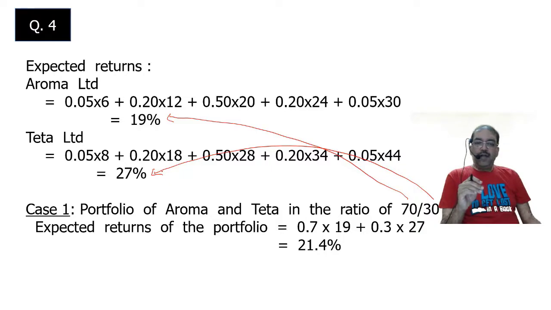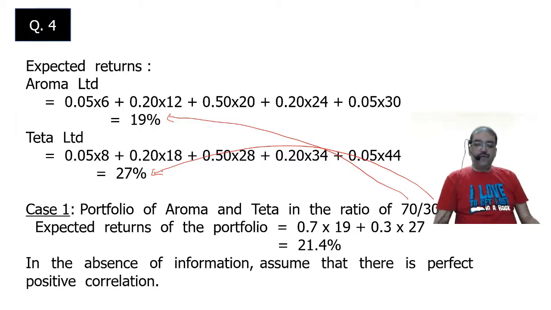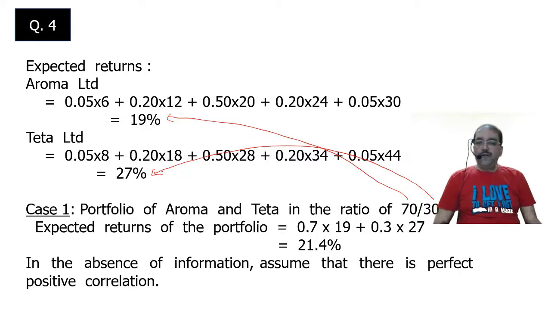We had derived what happens if it is plus 1 and what if it is minus 1. But we have to write the assumption. In the absence of information, let us assume that there is perfect positive correlation.